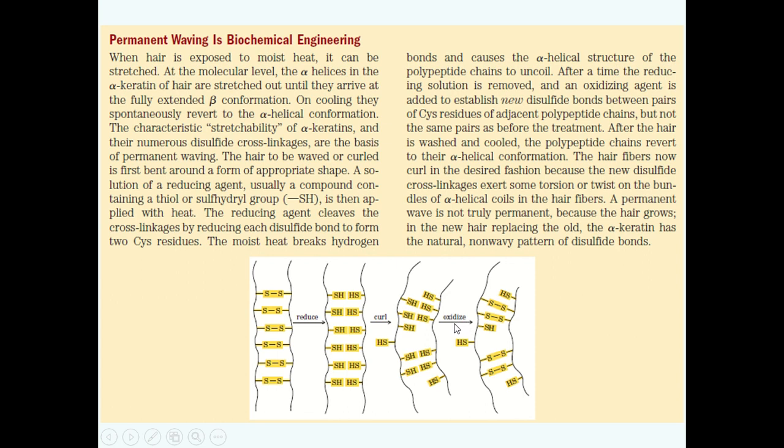Upon addition of the oxidizing agent, the adjacent sulfhydryl groups are going to form disulfides. Now you can see that the pattern of disulfides initially and at the end of the process is very different. So in this way, straight hair, which has a certain arrangement of disulfide bonds, could be converted into curls with an altered pattern of disulfide bonds.